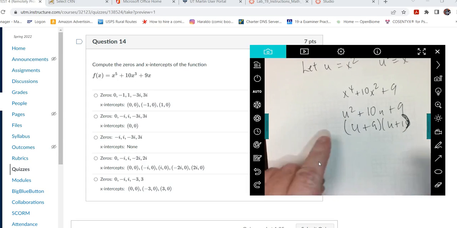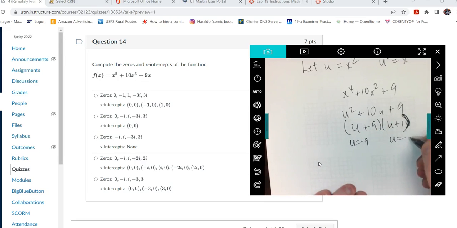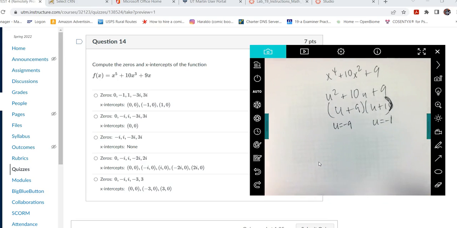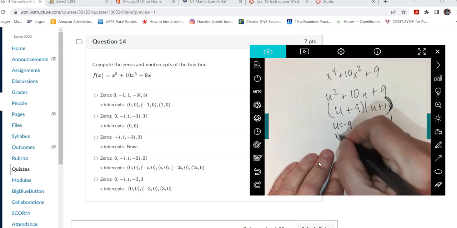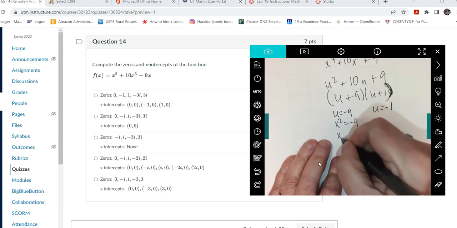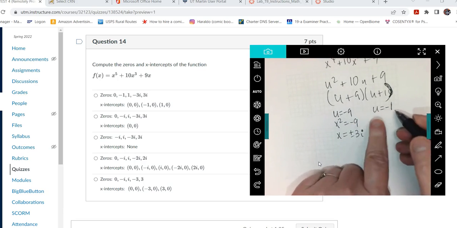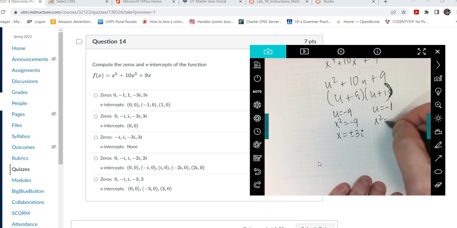And the zeros of this are u is equal to negative 9 and u is equal to negative 1. Now, what does that mean x is? x squared is negative 9, so if I take square roots of both sides, I'm going to have that here. x squared is going to be negative 1, which means x is plus or minus i.